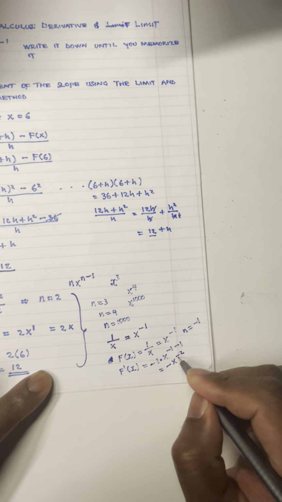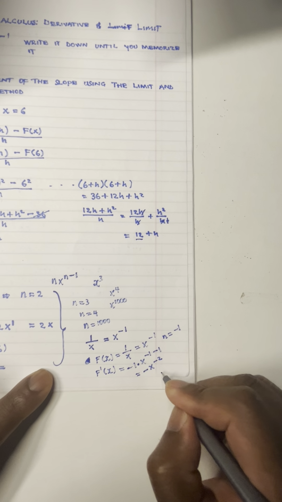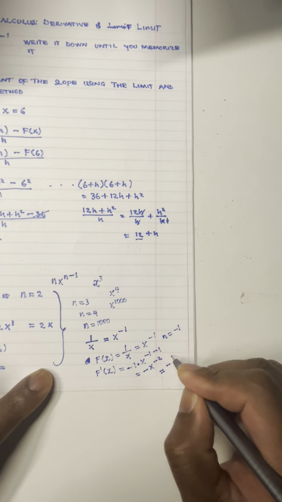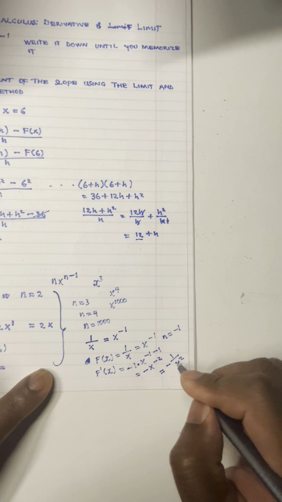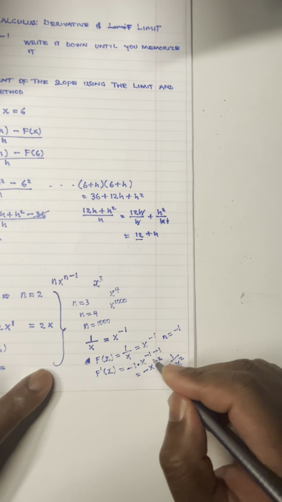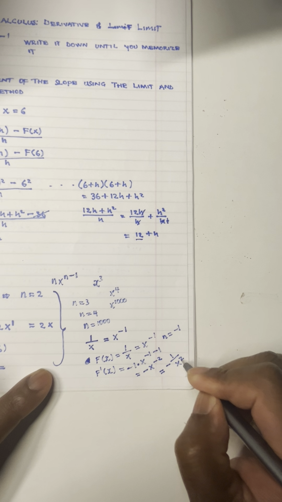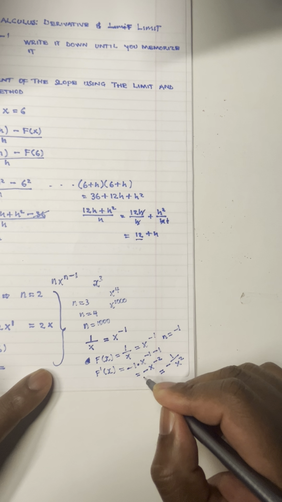And if your answer is so, you are not finished, because you have to say it's negative 1 over x squared. You always have to neutralize the exponent by taking it down. And when it goes down, the sign becomes positive. Don't forget the negative sign over here.